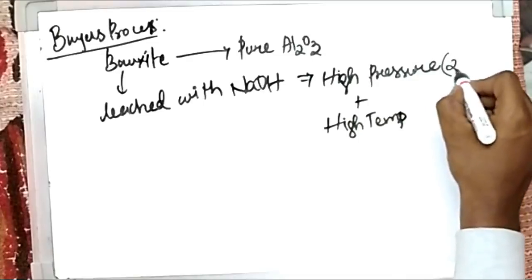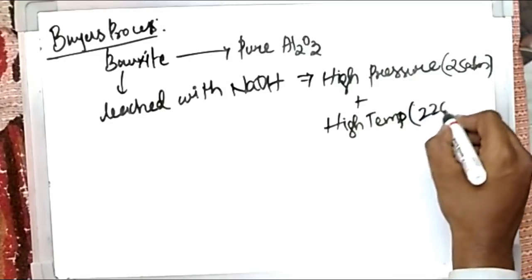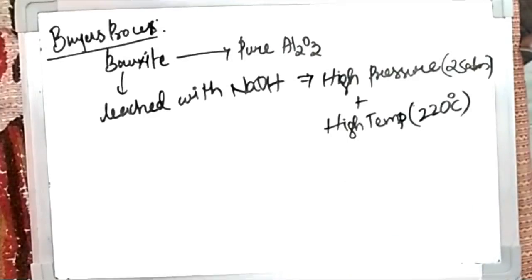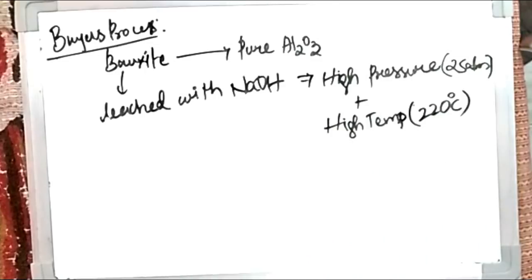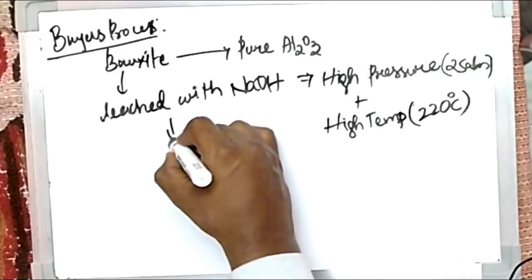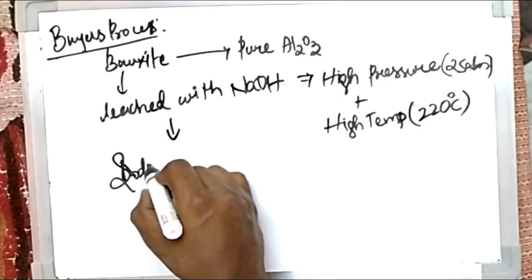The pressure is about 25 atmospheres and the temperature is about 220 degrees Celsius. So the bauxite is leached with NaOH at 25 atmospheres and 220 degrees Celsius to form sodium aluminate. After this leaching, sodium aluminate is formed.